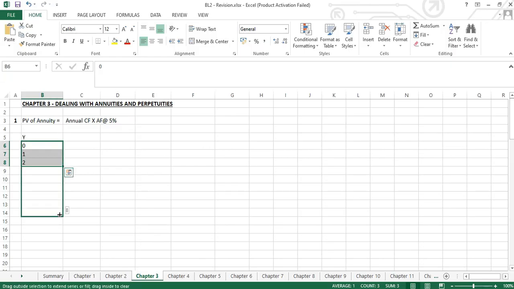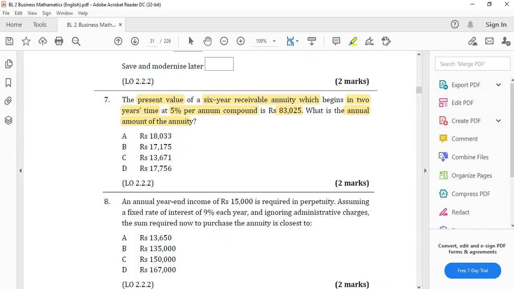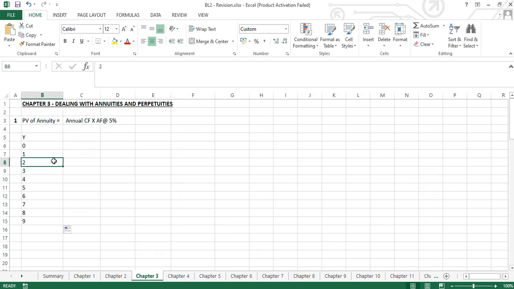So let's go up to 9 years. They are starting in 2 years' time, which means in the second year only.